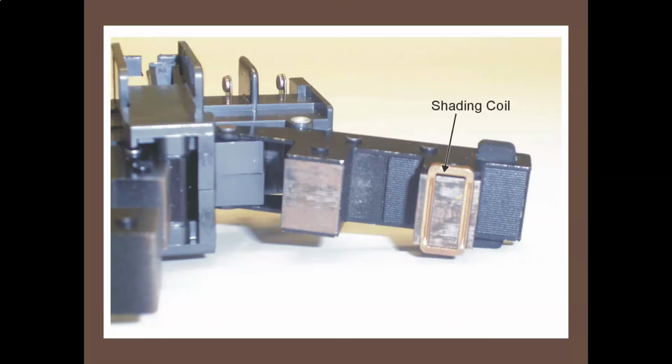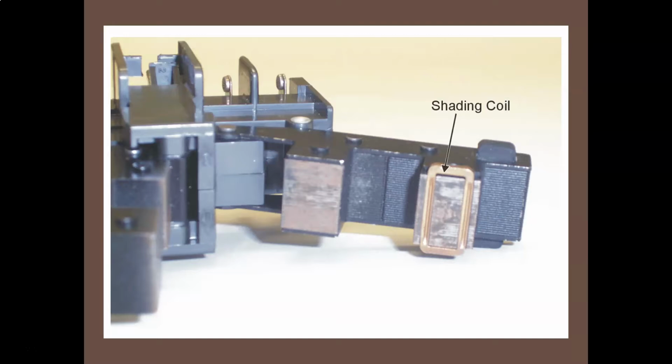So when one magnetic field drops out, the other one's going to increase. Because you have a magnetic field dropping, it's cutting through the shading coil, which is inducing a voltage in it, and now producing a magnetic field, which is then creating a magnet and keeping your armature locked in place. So it's going to reduce that chatter.